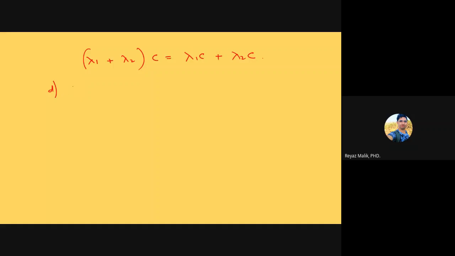The fourth proposition says the closure and the interior of a convex set are convex.